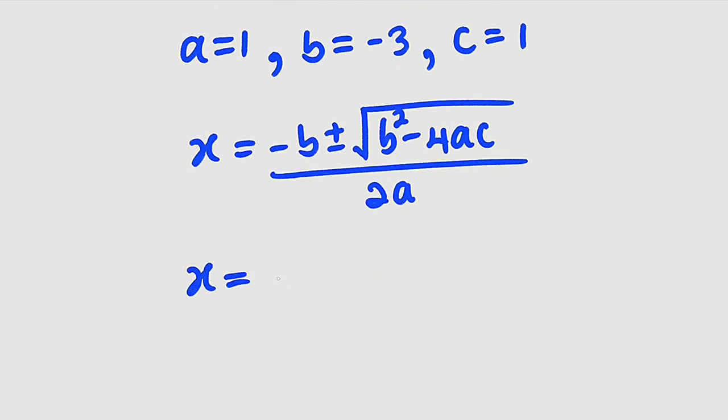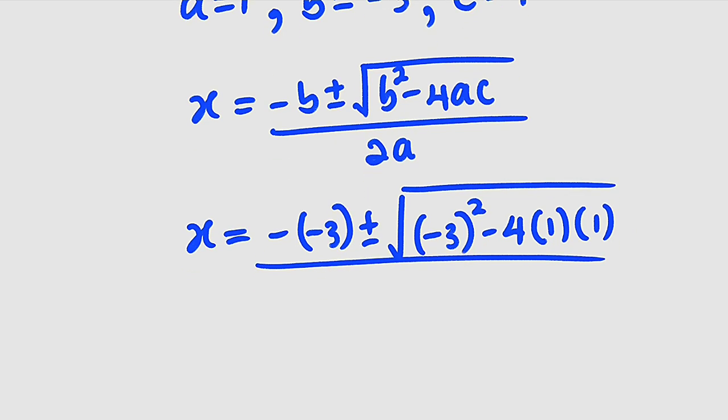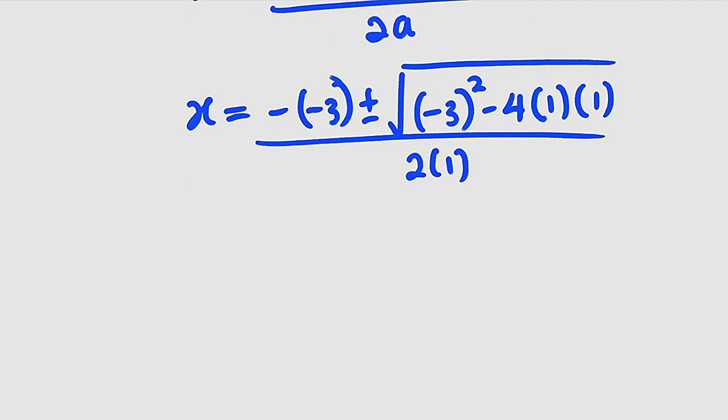Let's plug everything into this formula. X is now equal to minus b, but b is negative 3, plus or minus the square root of b squared, which is negative 3 squared, minus 4 times a, which is 1, times c, which is also 1, divided by 2a, which is 2 multiplied by 1. Let's simplify everything. Minus negative 3 is plus 3, plus or minus the square root.